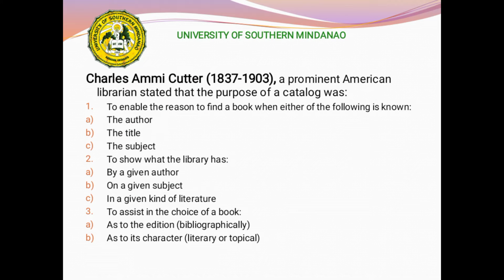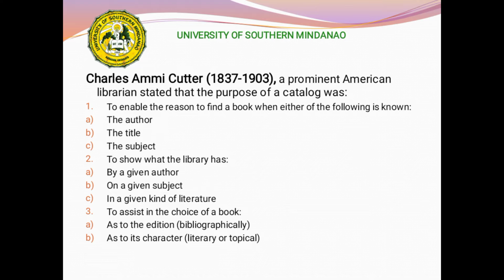According to Charles Ammi Cutter, 1837 to 1903, a prominent American librarian, the purpose of a catalog was: number one, to enable a person to find a book when either of the following is known: the author, the title, the subject.